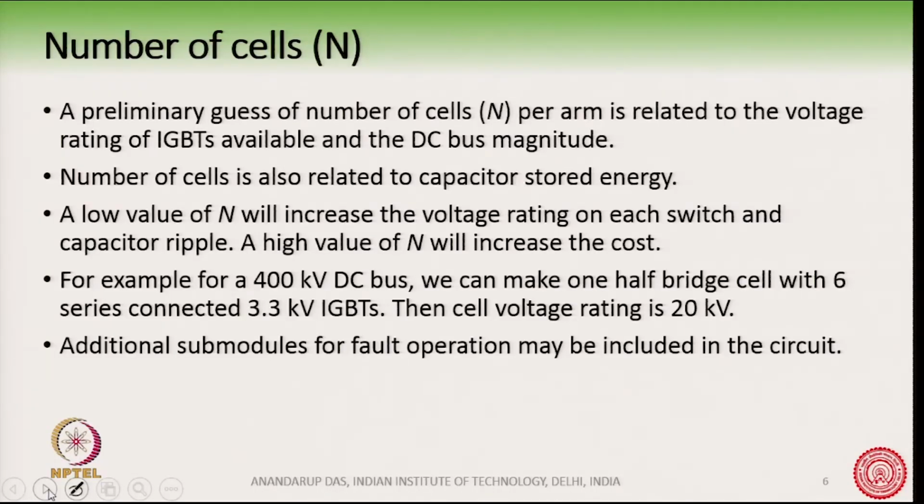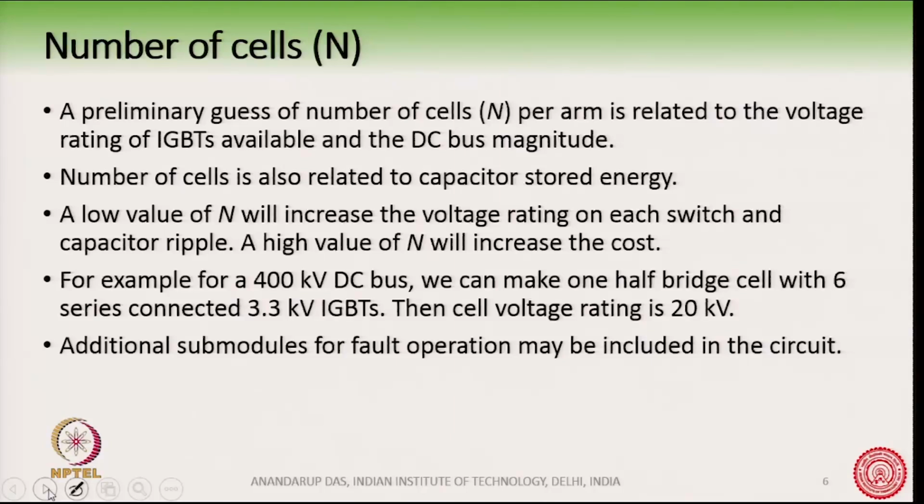So, if you reduce the value of n, it will increase the voltage rating on each switch. On the other hand, a high value of n means you have many more switches to control, so it will increase the cost and complexity.